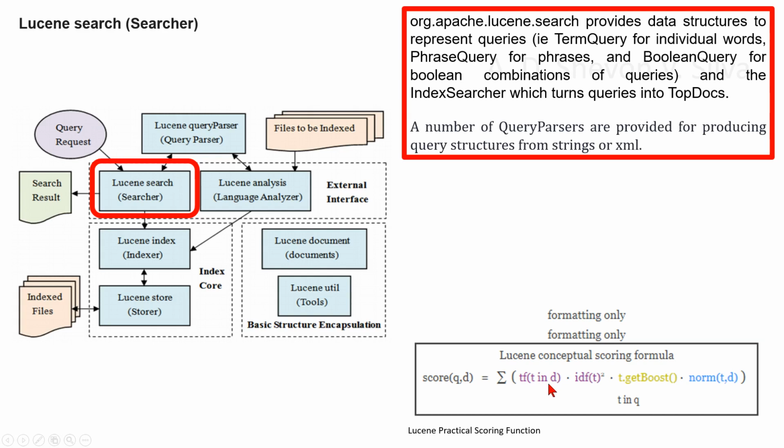Documents that have more occurrences of a given term receive a higher score. Note that TF T in Q is assumed to be 1, and therefore it does not appear in this equation. However, if the query contains the same term twice, there will be two term queries with that same term, hence the computation would still be correct, although not very efficient.